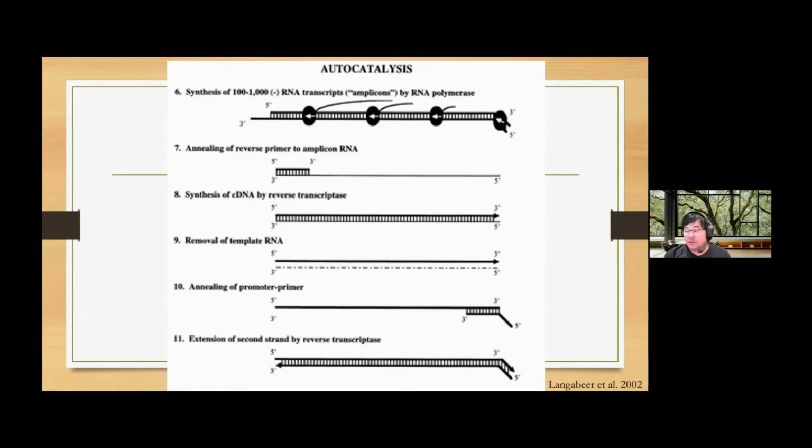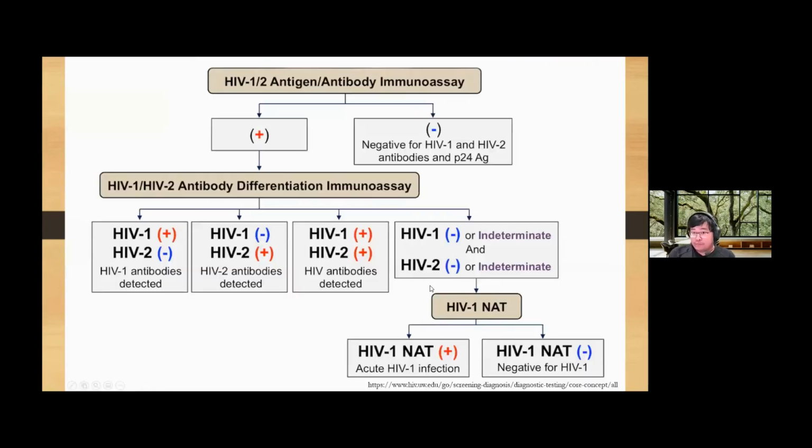So this is to amplify it. So then, knowing how many cycles we went through, we can go back and work out how much RNA was in the original sample, and from there we can determine whether it was a positive or a negative test. So, going back to this.